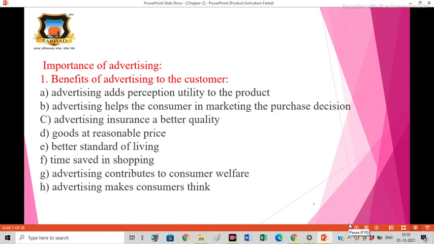Advertising is beneficial to the salesman, and advertising is beneficial to society also. See how advertisement is useful to the customer. The first point is that advertising adds perception utility to the product. Advertising creates place utility and time utility.